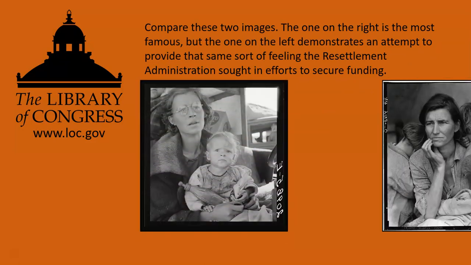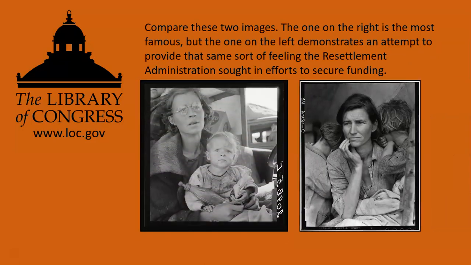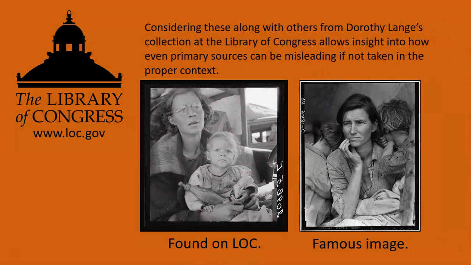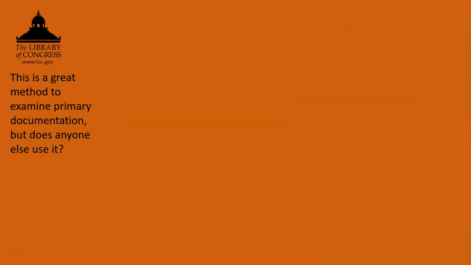The one on the right is the most famous, but the one on the left demonstrates an attempt to provide the same sort of feeling the Resettlement Administration sought in efforts to secure funding. Considering these, along with others from Dorothea Lange's collection at the Library of Congress, allows insight into how even primary sources can be misleading if not taken in the proper context.